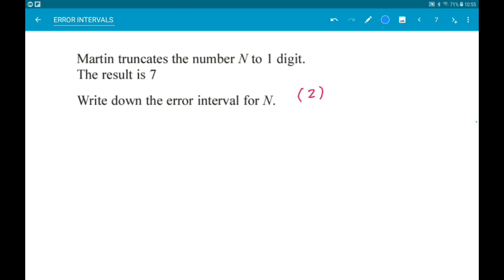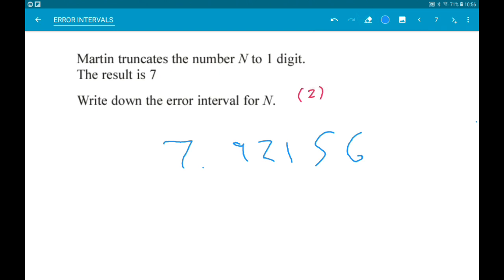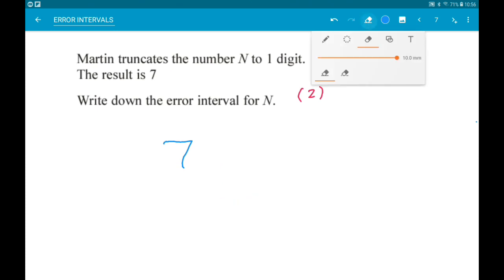So for example, here n could be 7.92156, truncated to one digit, we just cut off all of that stuff. So the error interval then is that n has to be greater than or equal to 7. Now it has to be somewhere between 7 and 8. So the upper bound is 8.